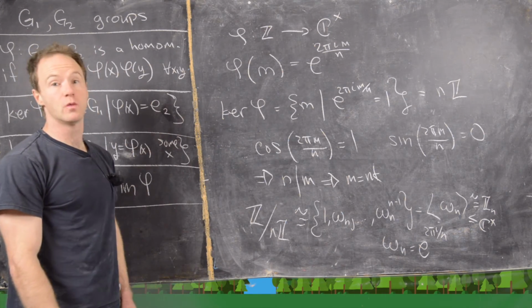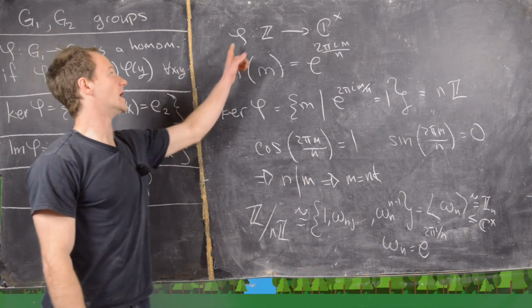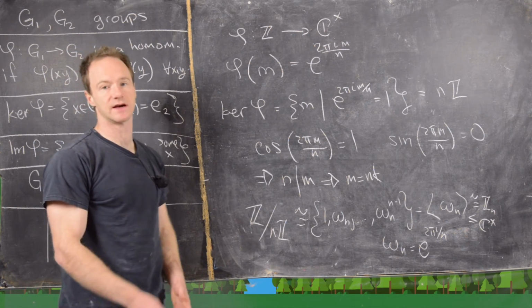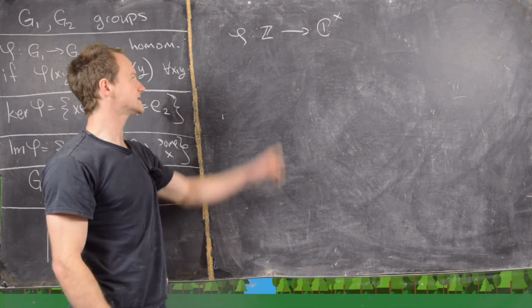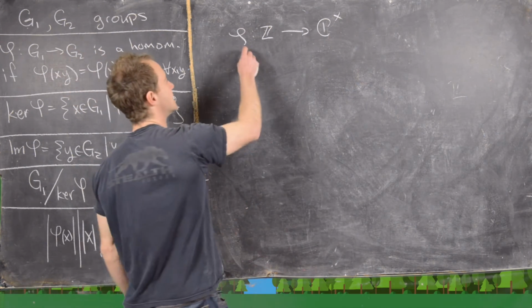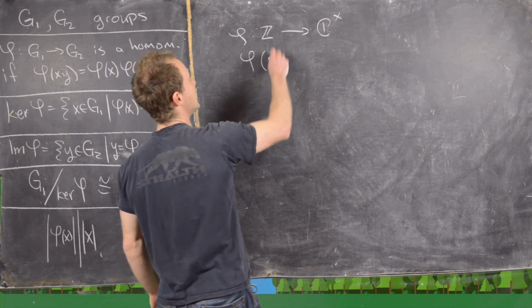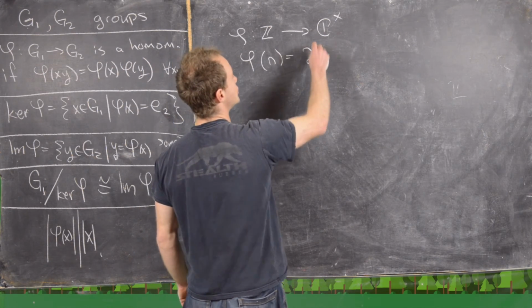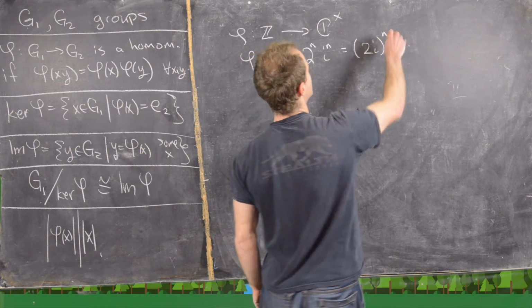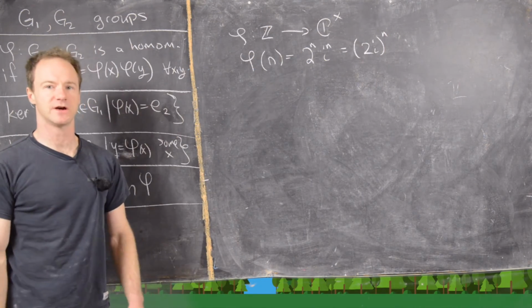So we'll do one more example. We'll do a couple more examples where we have complex numbers on the right-hand side. Okay, so for our next example, let's take phi going from Z to the complex numbers, and let's say that phi of n is equal to 2 to the n, i to the n. In other words, this is 2i to the n. Okay, good.